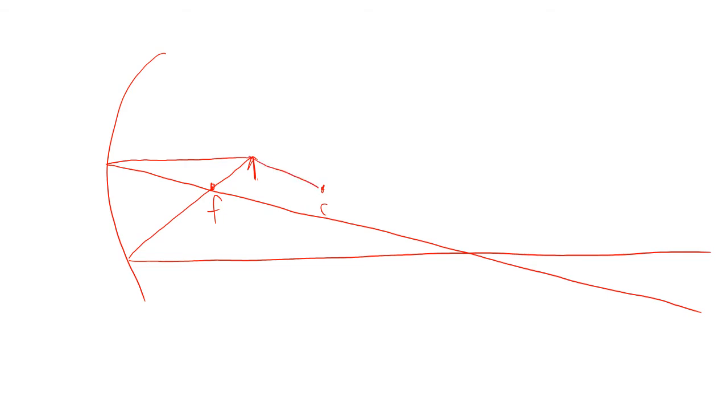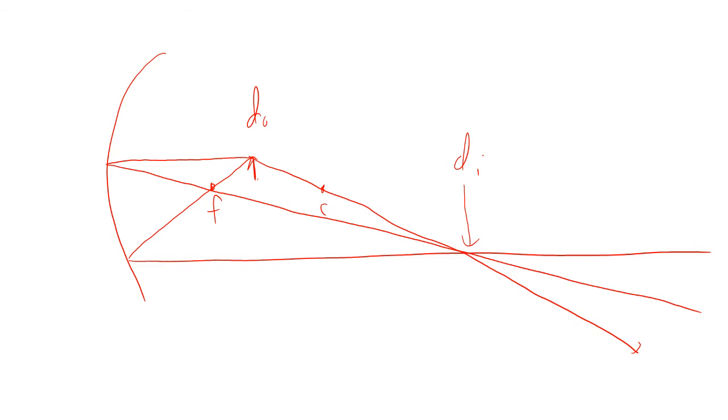And then a line from the center of curvature goes straight out. So that means the image would be right there. Okay, so there's my object, so there's my image. Now, if you draw this accurately, you could actually use a ruler and measure it and use whatever scale factor you drew to make the measurements.